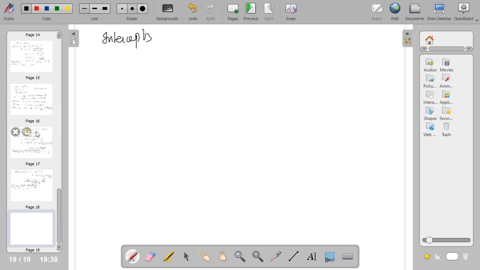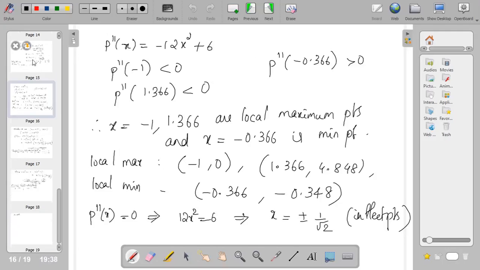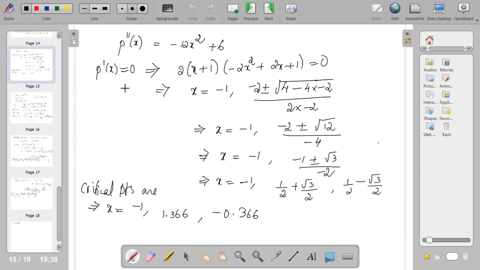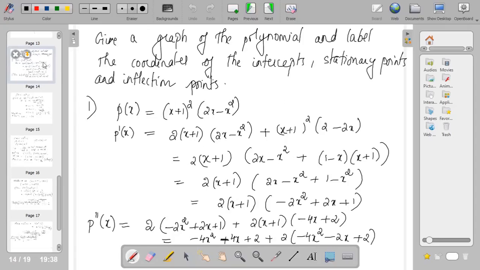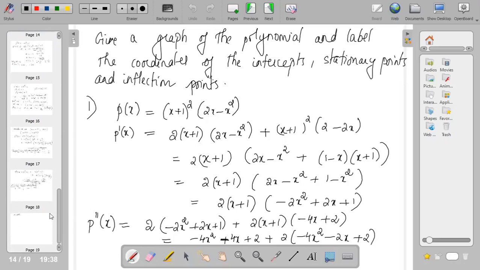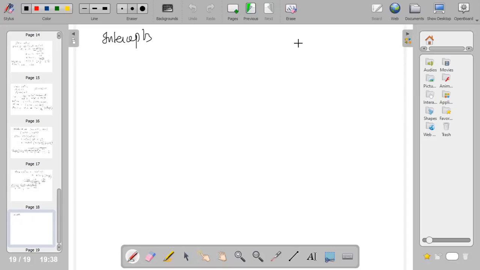So intercepts were, okay, so you have p of x equal to x plus 1 whole square into 2x minus x square.